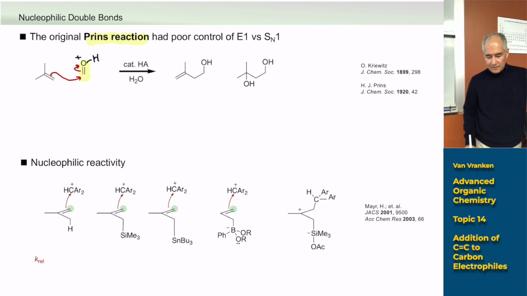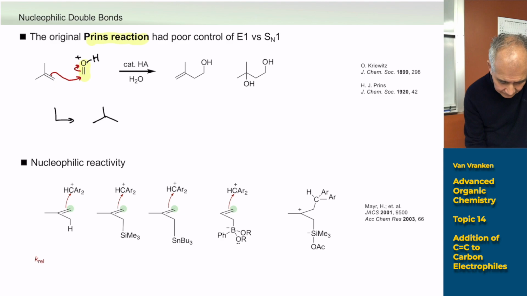And the result, if you follow my arrow pushing, is going to be a tertiary carbocation, which sounds pretty great. There's our new CC bond right there. Wow, that's great. That's awesome.